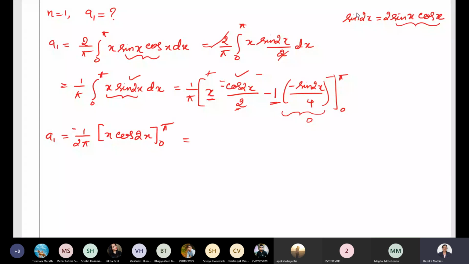So this is minus 1 by 2 pi, put the limits: pi cos 2 pi minus lower limit 0. Cos 2 pi is 1 and pi gets cancelled, so we have minus 1 by 2. So this is the value of a1. What is a1? Minus 1 by 2.